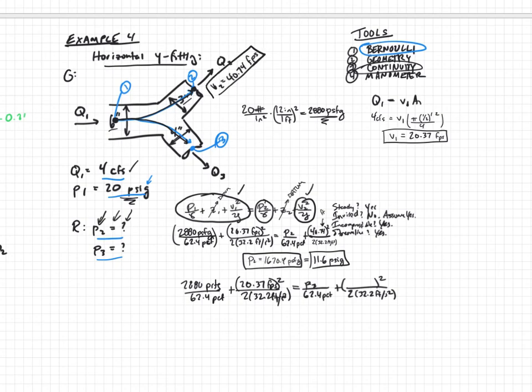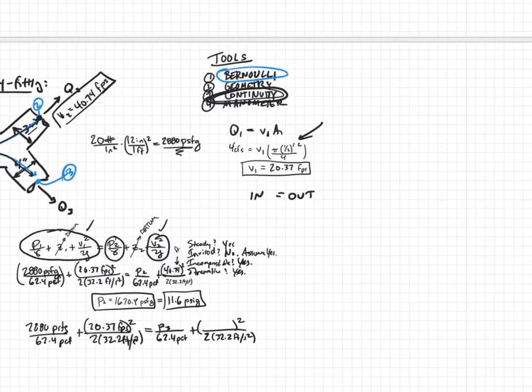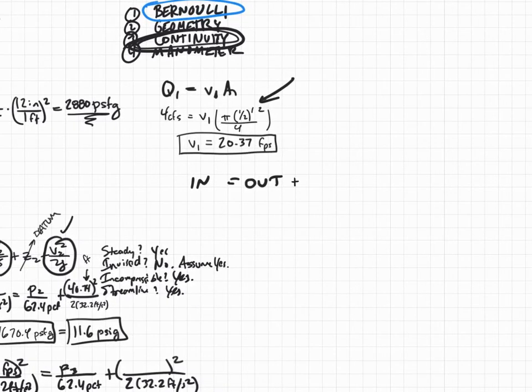And the way we're going to do this is we're going to do continuity. So this was kind of the easy way to do continuity, but there's another way, which is in equals out plus accumulation. So in this case, what I have coming in is Q1. So I'm going to do rho Q1 coming in equals out, which is going to be rho Q2 plus rho Q3. Okay, that's what's flowing out.